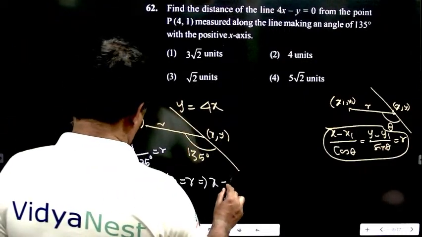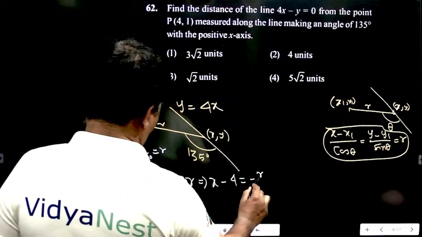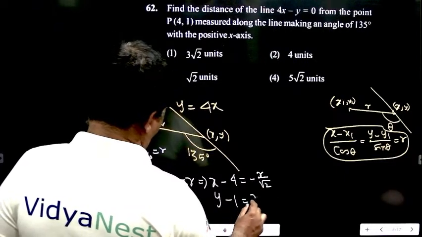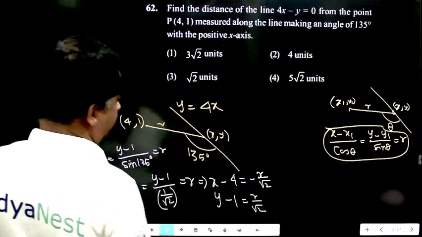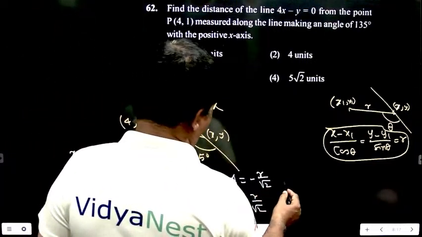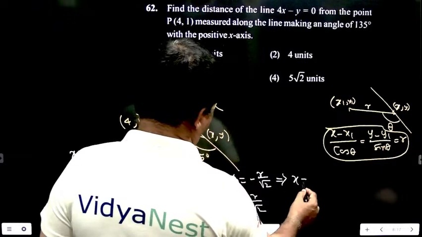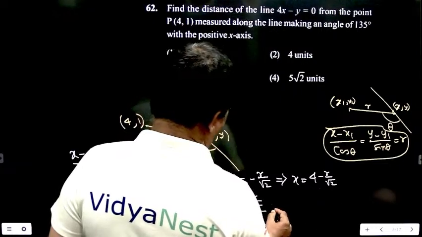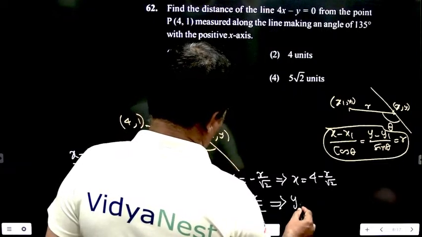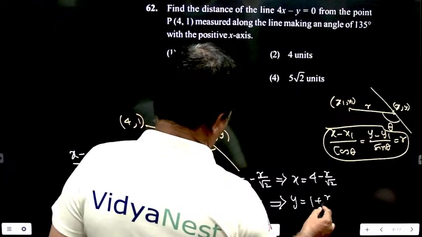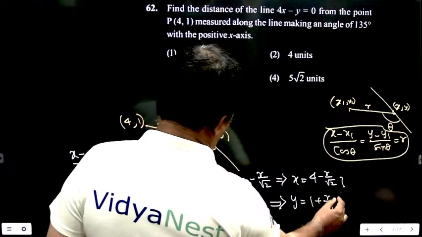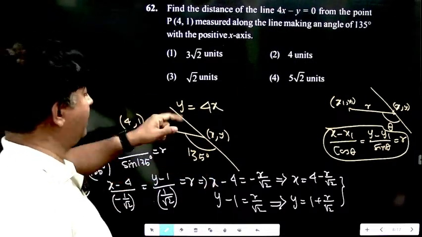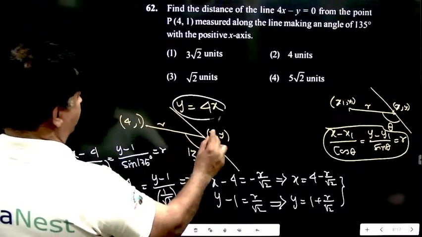So that is the point x comma y. Where does x comma y lie? On this line.